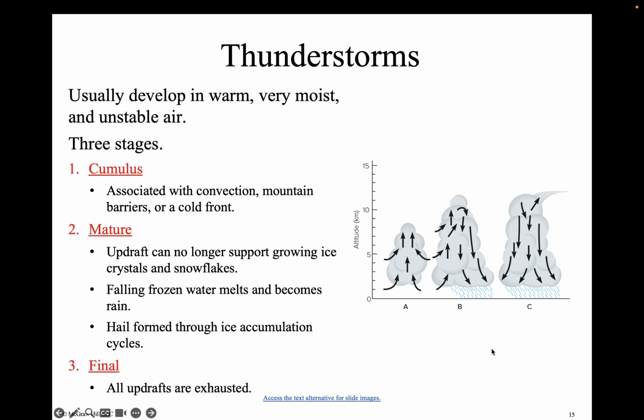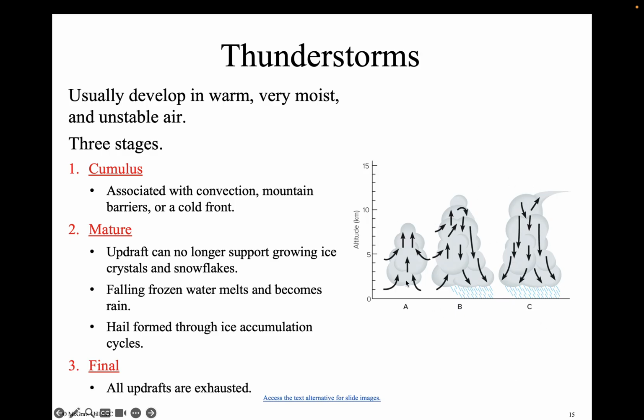And then the very last stage, which is C, as you can see here, is the dissipating stage, which is when the thunderstorm usually is going to an end, okay? This is when the updrafts are exhausted, so you no longer have the warm air going up, okay? And then you only have the air going back down and the water going back down.